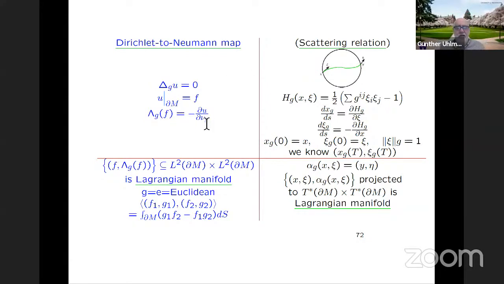This last remark is for the people who know about this, so I'm not going to put much more emphasis on it. This is the graph of the Dirichlet map F, and it is a Lagrangian manifold in infinite dimensions, and the symplectic form is given in terms of Green's theorem.